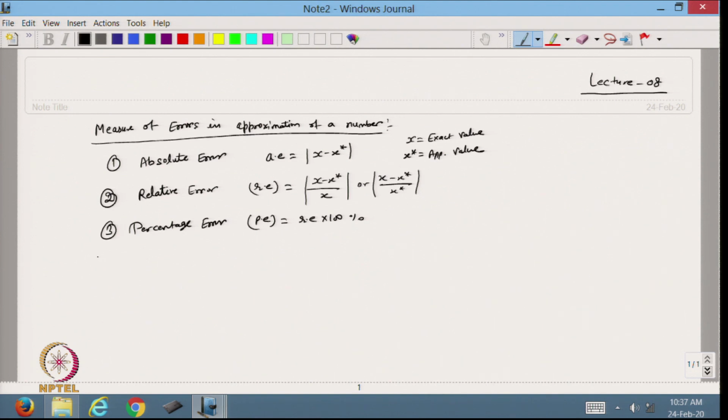Now we'll go further and look at errors in the arithmetic operations.